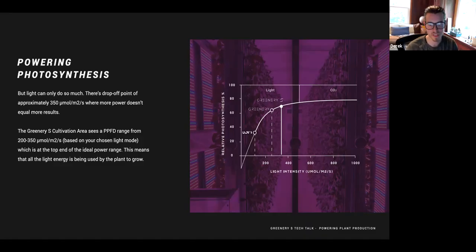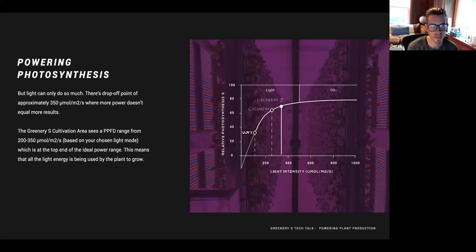But that relationship is maintained only up to a certain point, and right around 350 micromoles per square meter per second, that relationship plateaus, and the more light energy that you put into your crops doesn't result in a greater rate of photosynthesis. Instead, there are many other factors that become relevant to increase the rate of photosynthesis, namely presence of CO2 and a few others. But yeah, the lighting relationship really drops off right around 350.